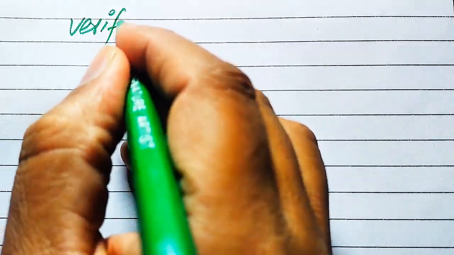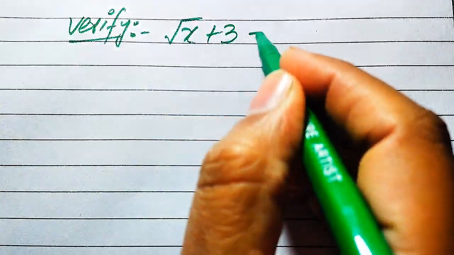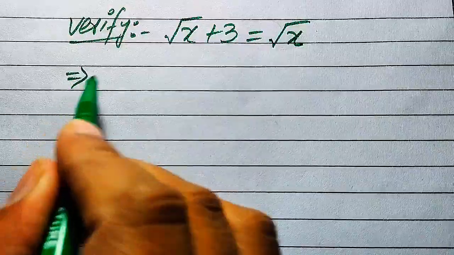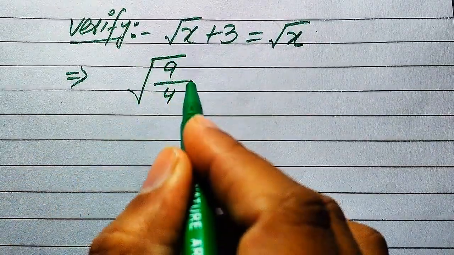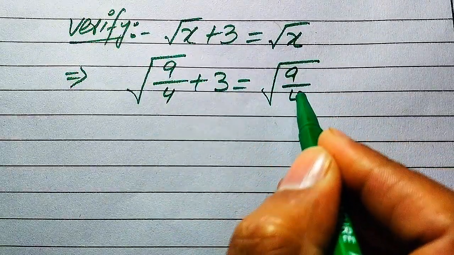And in the next step, we need to verify whether this value of x satisfies our given question statement or not. Our given question statement is square root of x plus 3 is equal to square root of x. So on both of the sides we substitute the value of x: square root of 9 over 4 plus 3 is equal to square root of 9 over 4.